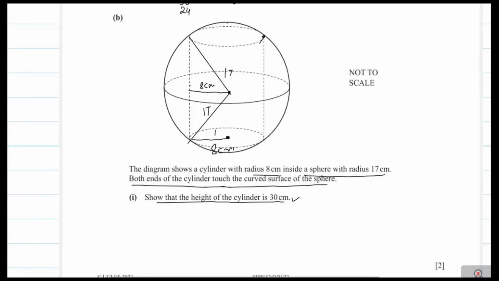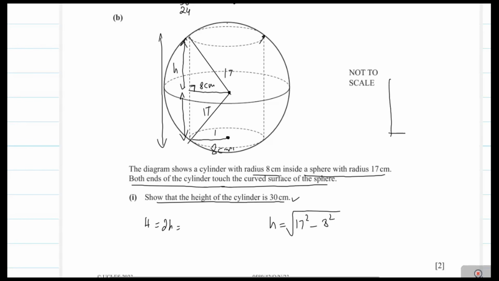You see here, this is a right angle triangle. From this right angle triangle, we can find this height. This is the total height, so we can write total height equal to 2h, and h will be equal to the square root of 17 squared minus 8 squared, because this is a right angle triangle.